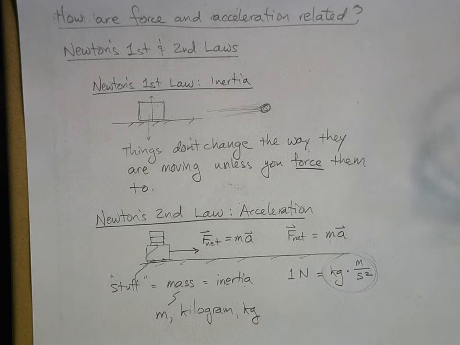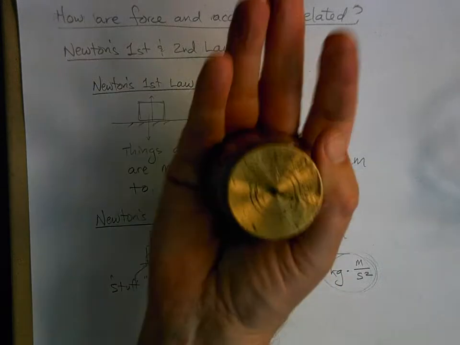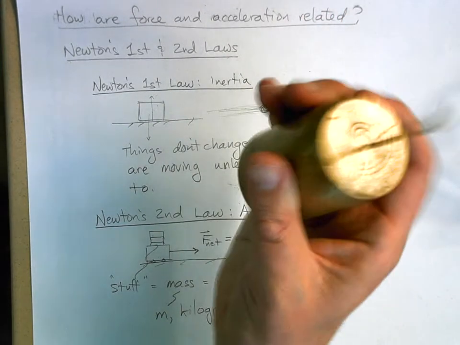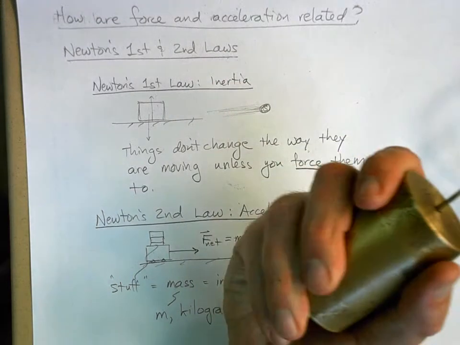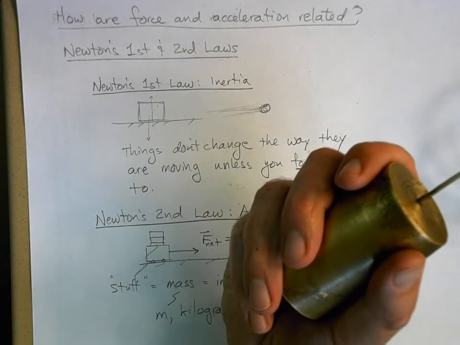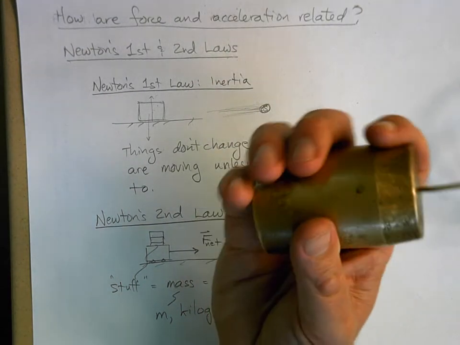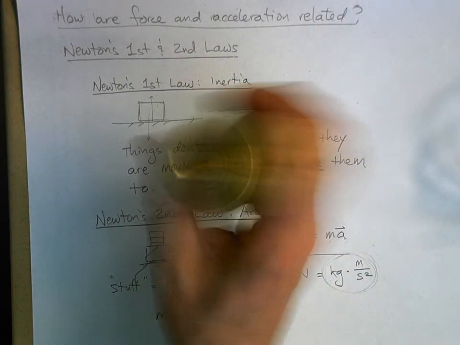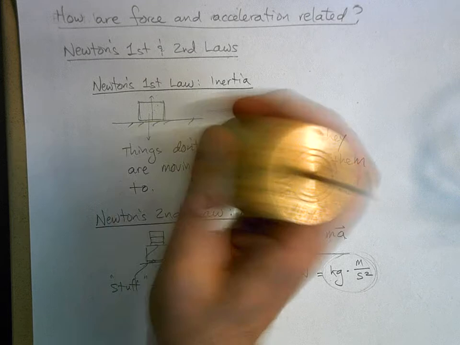Now, one thing about mass is that, we'll talk about mass versus weight next time, but you can actually feel the difficulty in changing the motion of an object based on how much mass it has. If I take this and I shake it back and forth, oof, that's actually pretty hard to do.